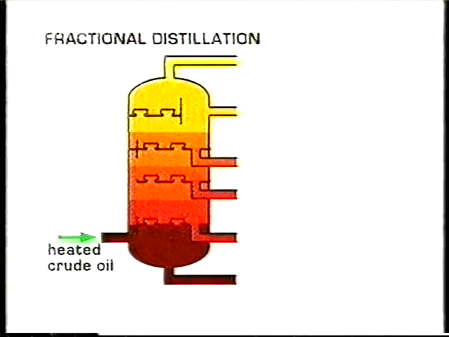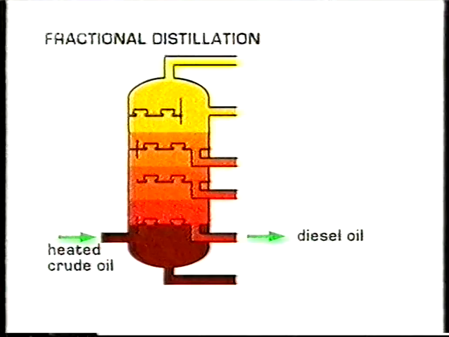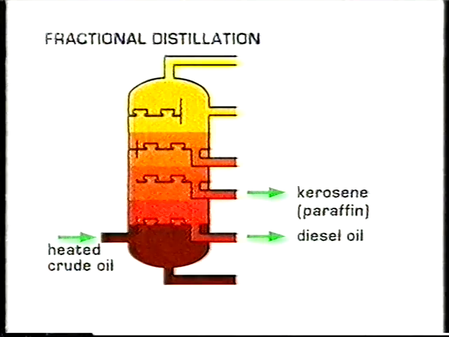Starting at the bottom, where it's hottest, the heaviest fraction with the most carbon atoms and the highest boiling point condenses first. That's diesel oil, used as fuel in diesel engines and in the manufacture of other chemicals. Next up is kerosene or paraffin, used in jet fuel or for heating, and in the manufacture of detergents.